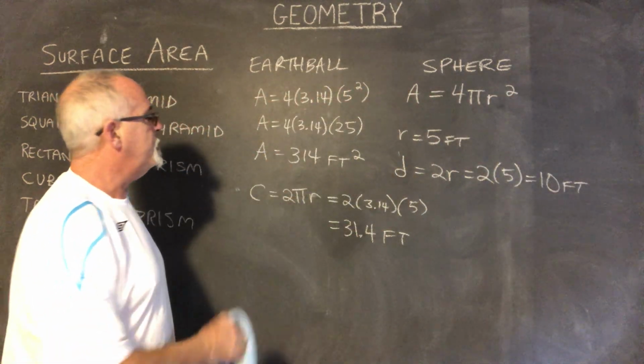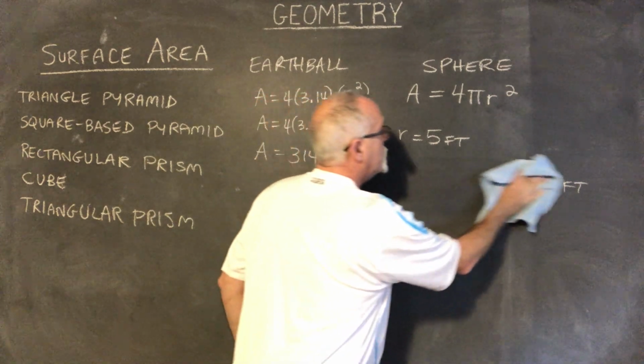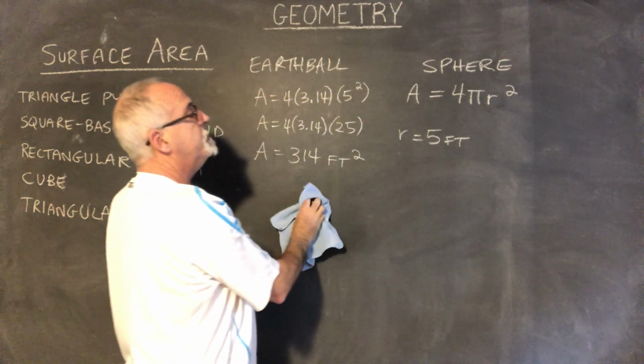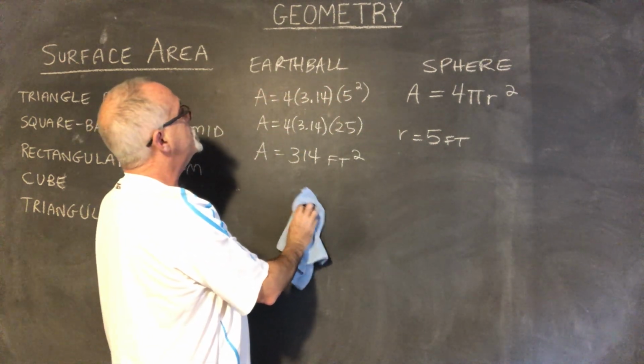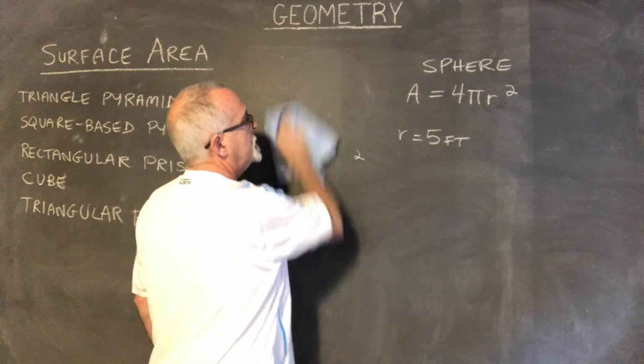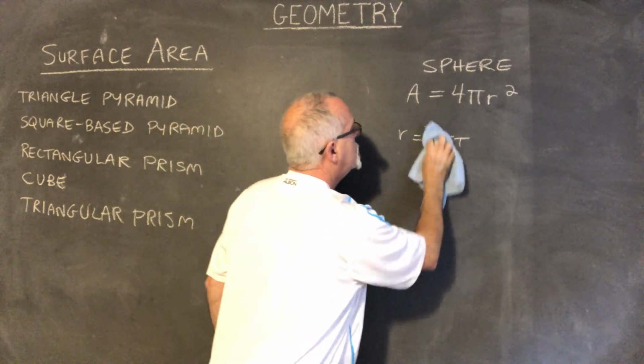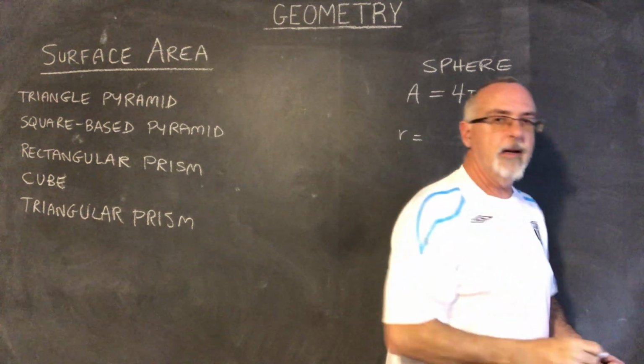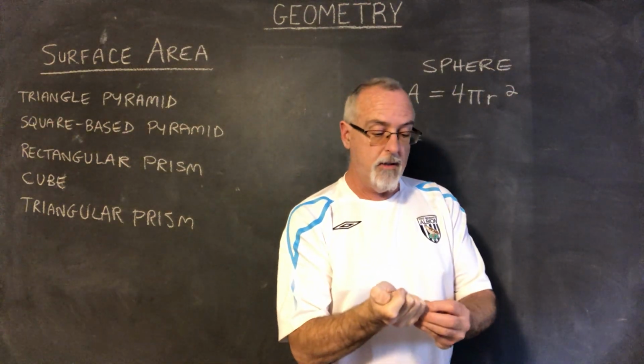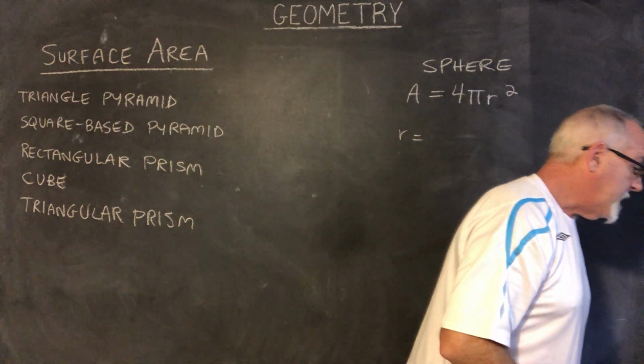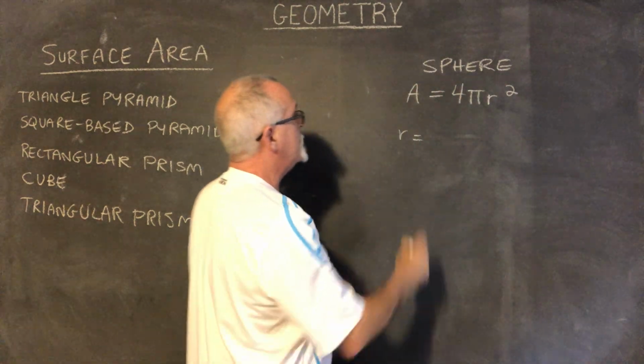I'm not going to do the circumference or even the diameter with the medicine ball. I'm just going to give the radius and then find the surface area. The medicine ball, and again, medicine balls can probably be different sizes, but the one I found had a 7-inch radius.